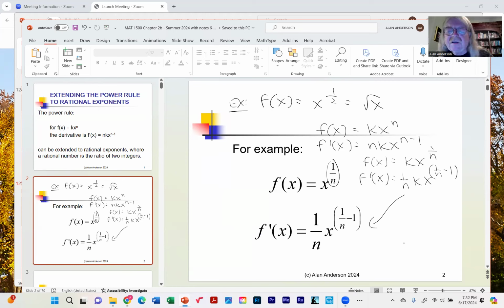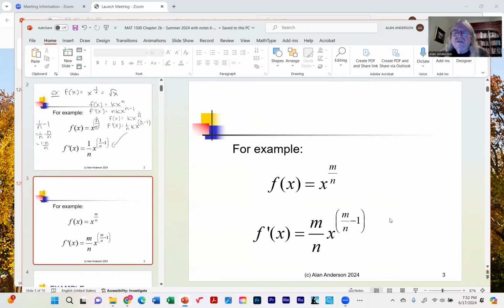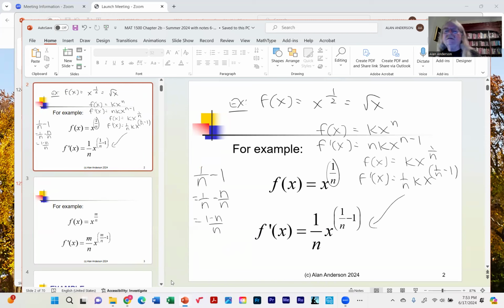Now, of course, if you want to consolidate 1 over n minus 1, what you can do is rewrite it as subtracting n over n instead of 1, and you'll end up with 1 minus n over n. It's a little simpler. You can leave it like this, but if you want to, you can write it like this. It's a little messier, but it's still the power rule. Nothing's changed.